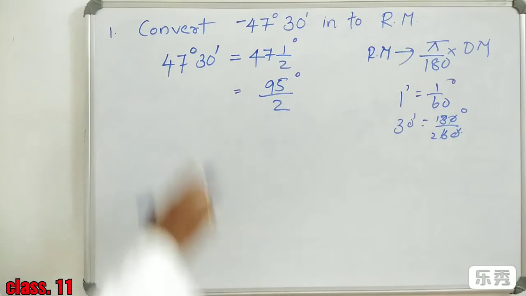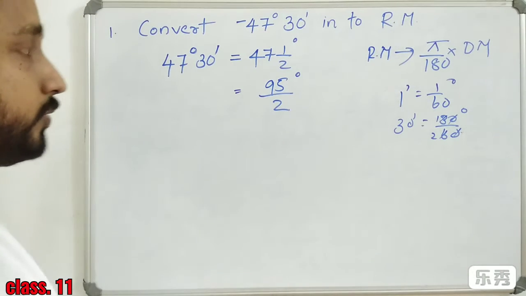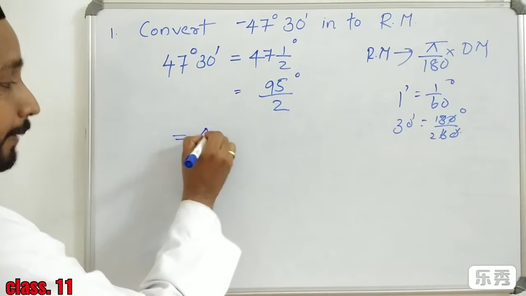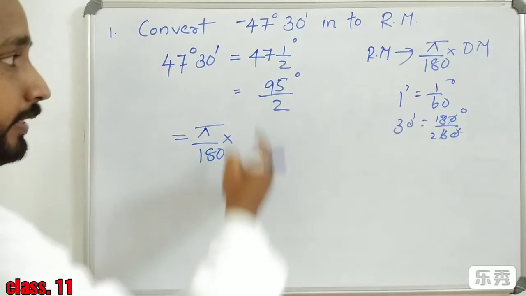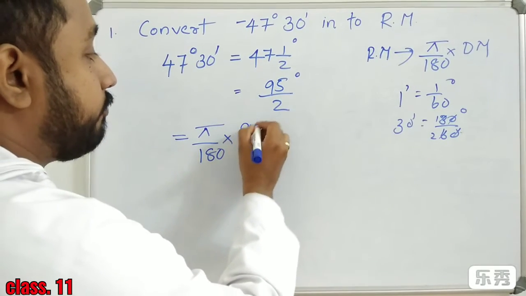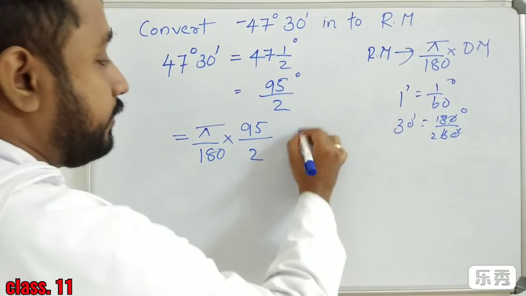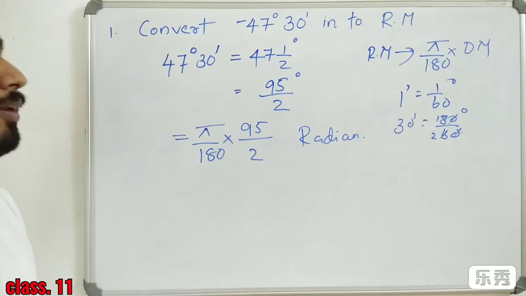Now we have to change this degree measure into radian measure. What's our formula? Radian measure is equal to pi by 180 into degree measure, that is, 95 by 2 radian.